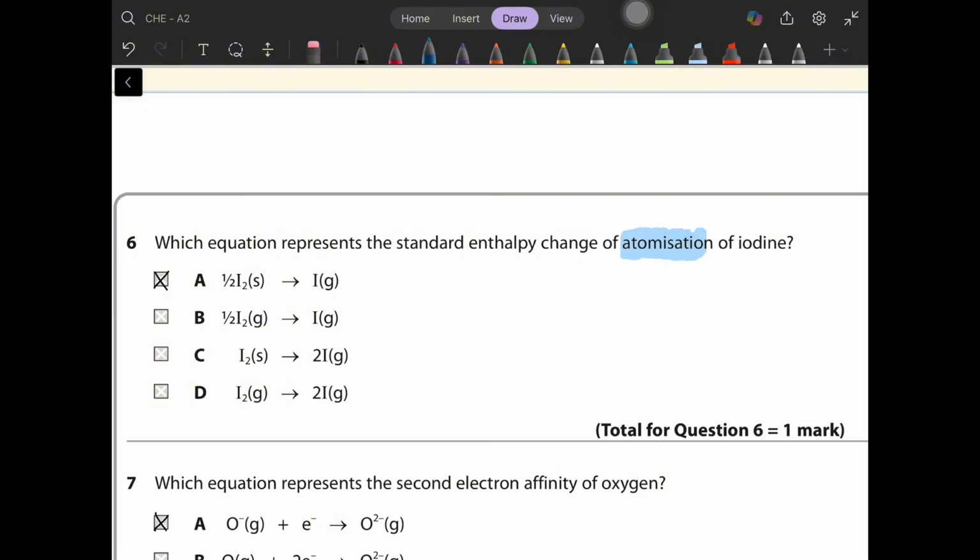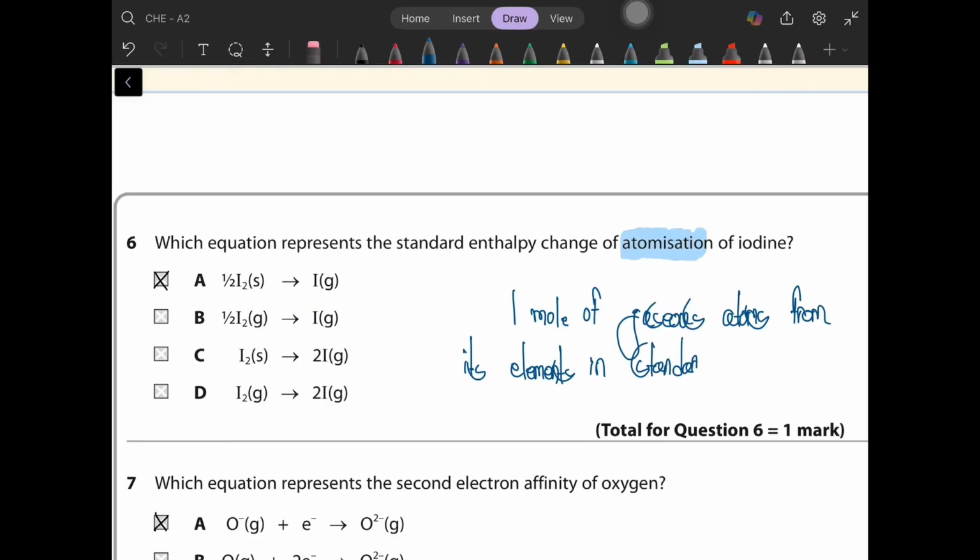It is the process by which you form 1 mole of gaseous atoms from its elements in standard states under standard conditions. This definition is extremely helpful.